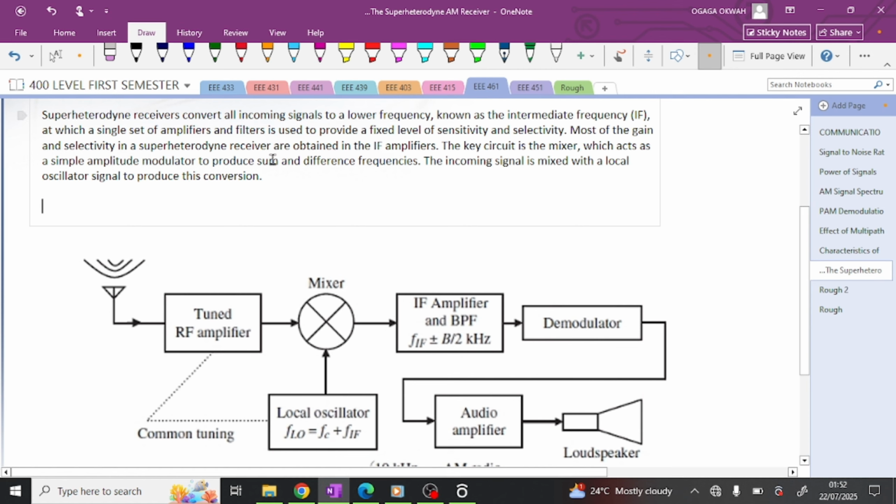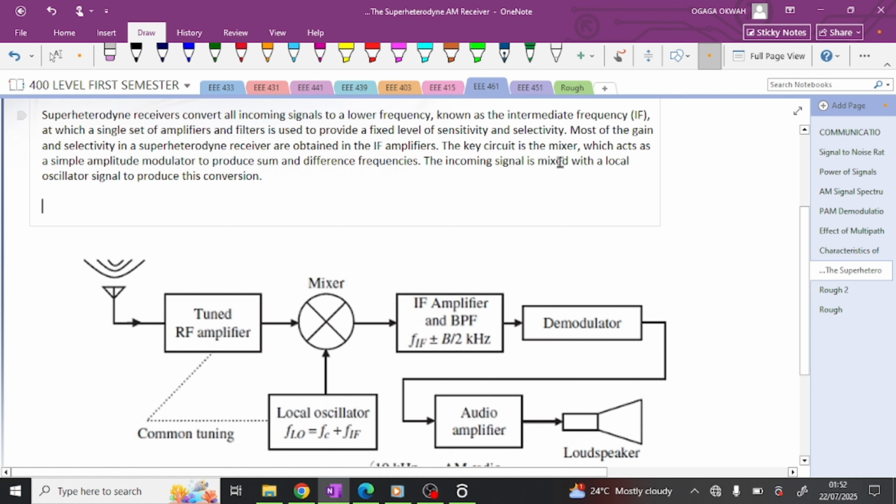So most of the gain and selectivity in a superheterodyne receiver are obtained in the IF amplifiers. This is the IF amplifier, right? Most of the gain is obtained here.